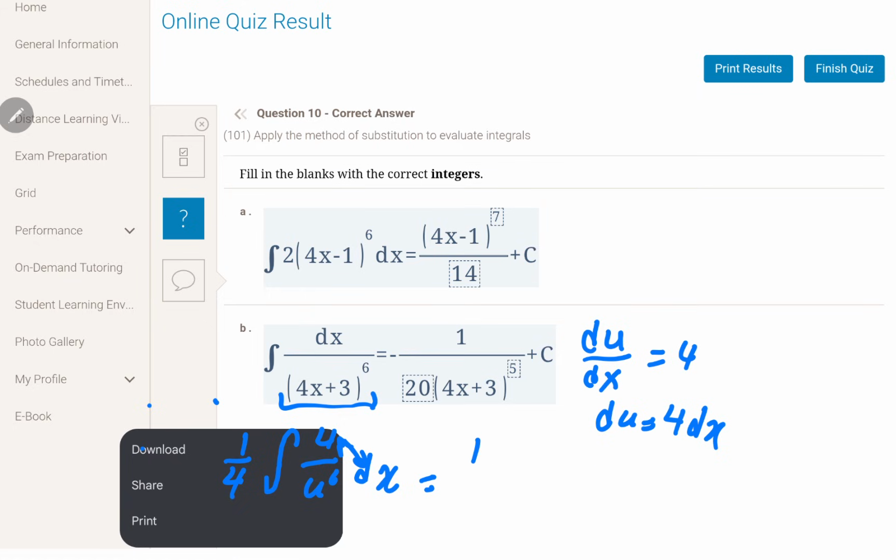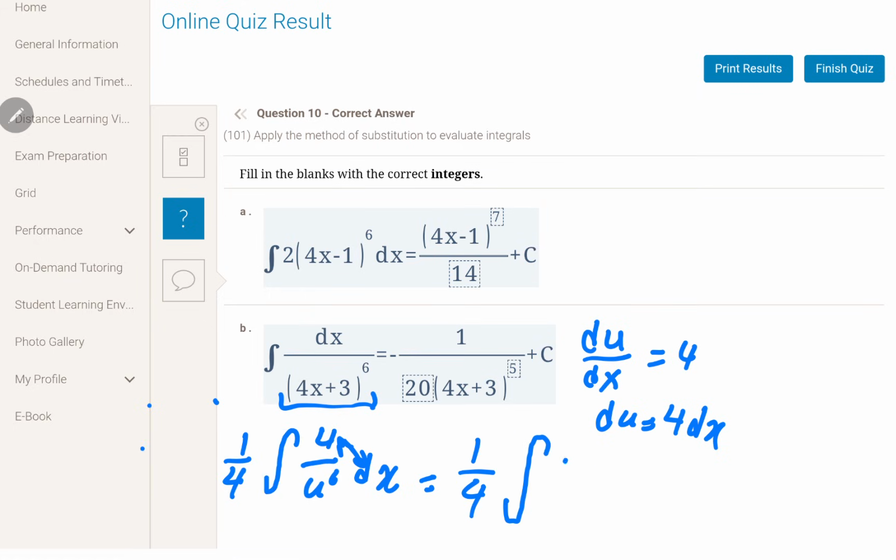So you're going to have 1 over 4 integral of 1 over u to the power of 6, which you can straight away write as u to the power of negative 6 du. Now add 1 to the power: u to the power of negative 5. So you have 1 over 4 times u to the power of negative 5 over negative 5. Multiply 1 over 4 by 1 over negative 5 to get negative 1 over 20.